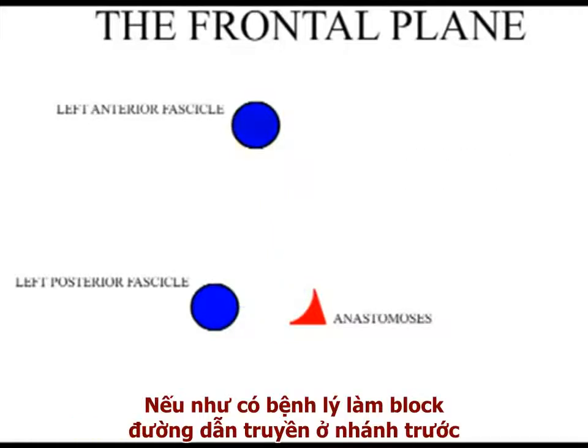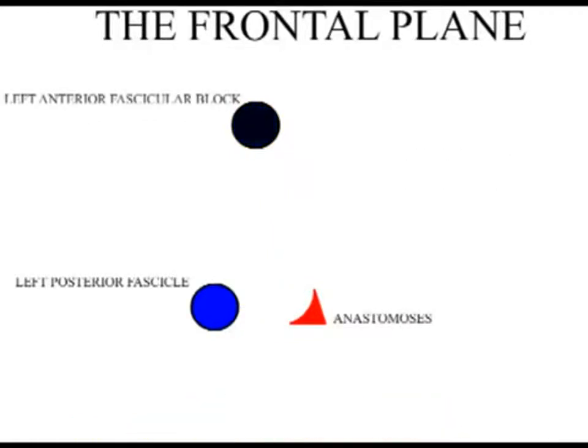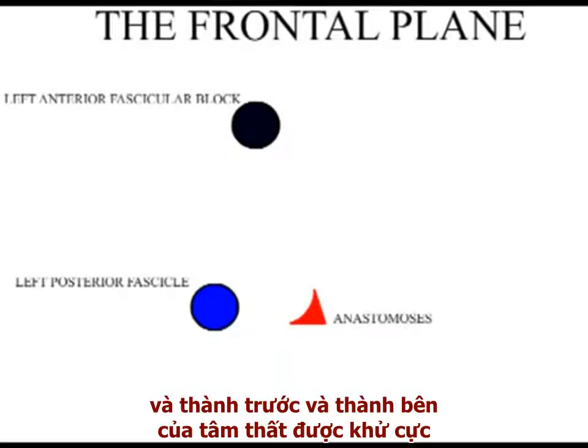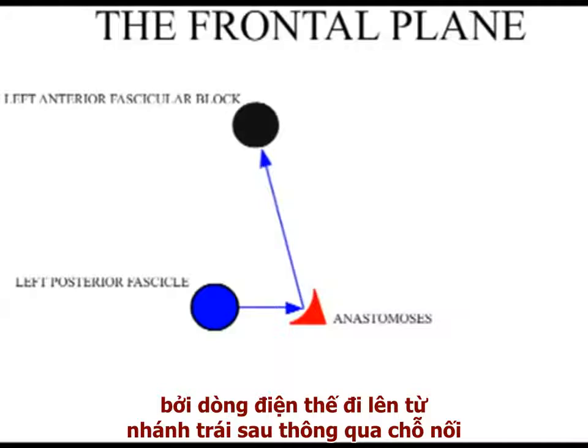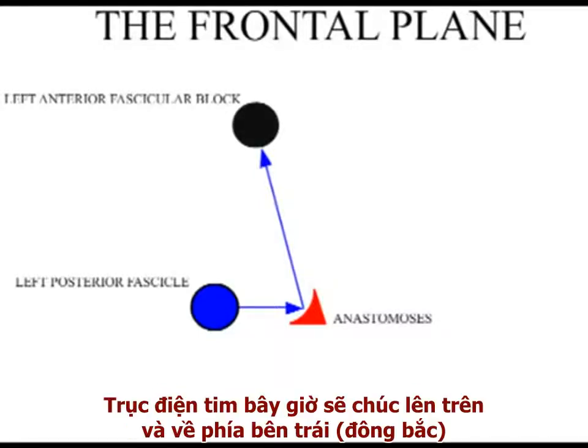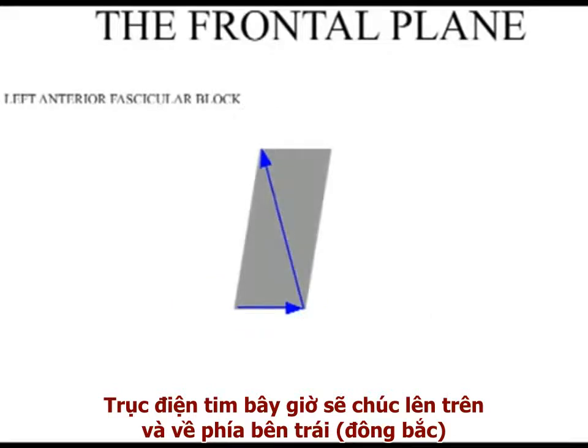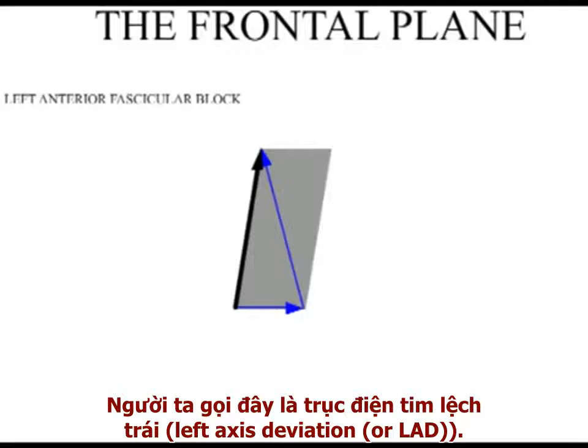If disease blocks conduction in the anterior fascicle, and the lateral and anterior ventricular walls are depolarized by current flowing upwards from the anastomoses in the left ventricular wall, the cardiac axis is now travelling upwards and to the left. This is termed left axis deviation.